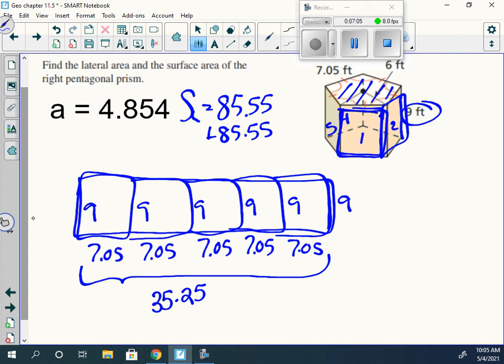And if we multiply that by 9, we get 290.25.